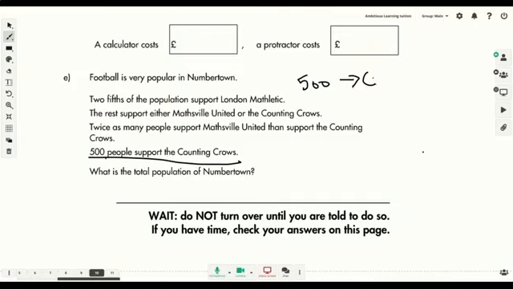And 1,000 people support MU, short form for United. Twice as many people support, so we multiply by 2. Twice as many is 1,000 people.